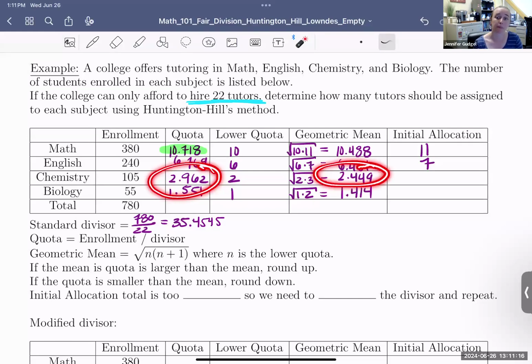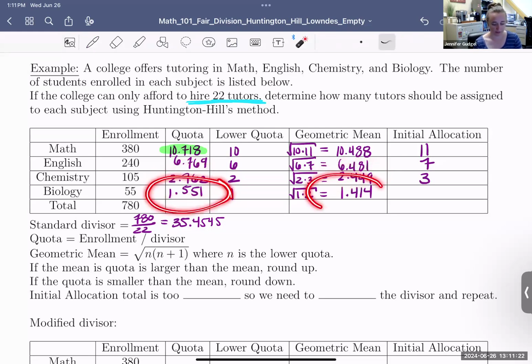The quota is bigger than 2.4, so it gets rounded up to 3. All right, 1.5. Is it bigger or is it smaller? 1.5 is bigger than 1.4, so the quota gets rounded up. So every single one of these got rounded up this time.